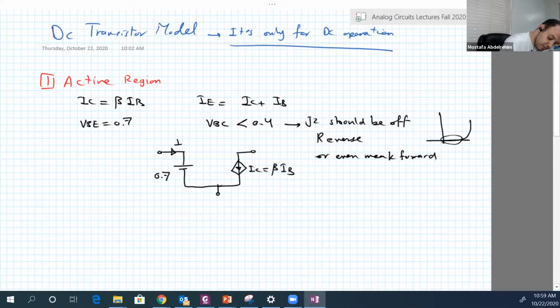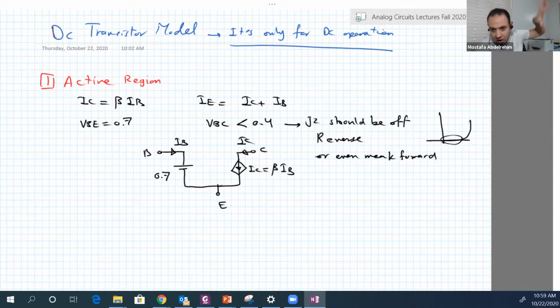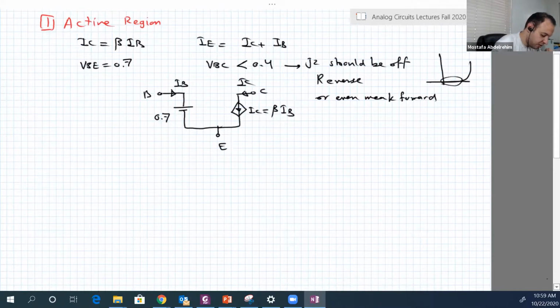This is IB, and this is IC, collector, base, emitter. So you can remove the transistor and put this circuit instead of it, and of course connect the remaining circuit. As we will see later in this lecture, it's very easy to use just the circuit with the original symbol. So not that hard. This is the active region.